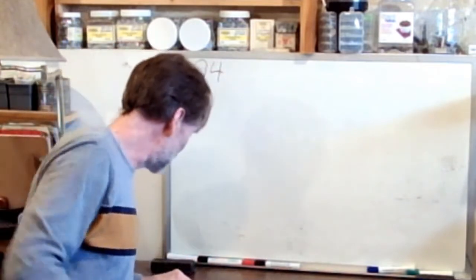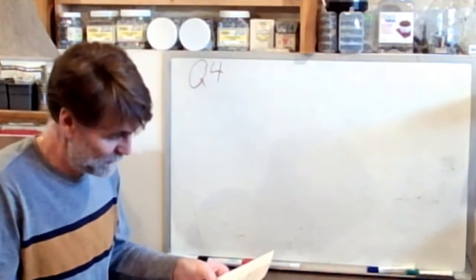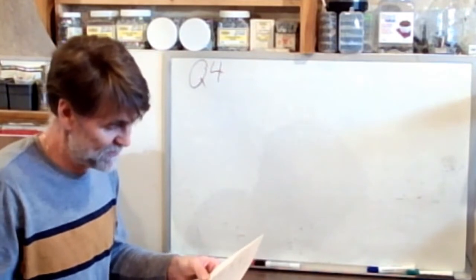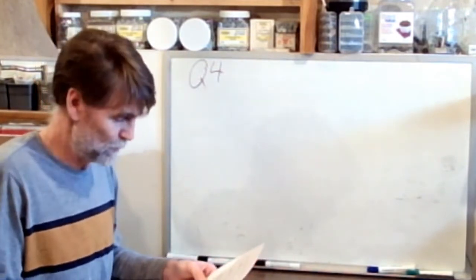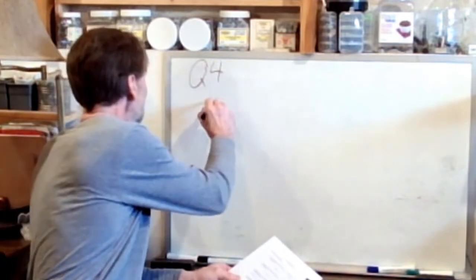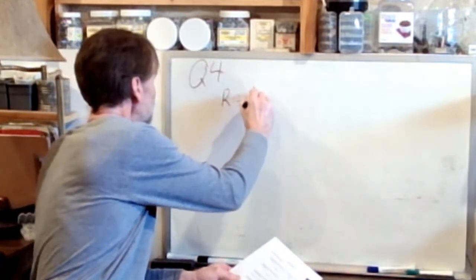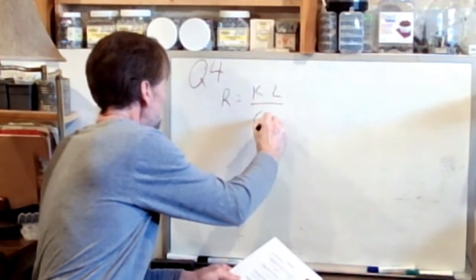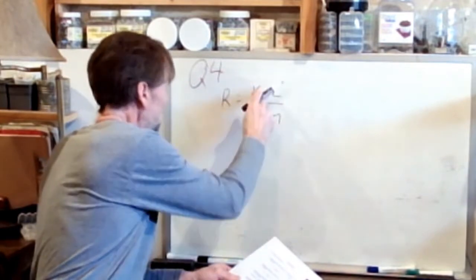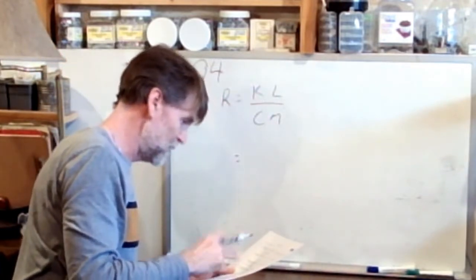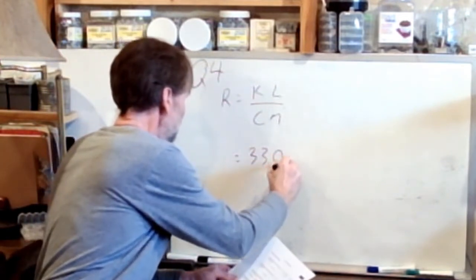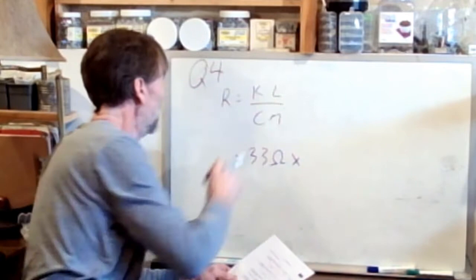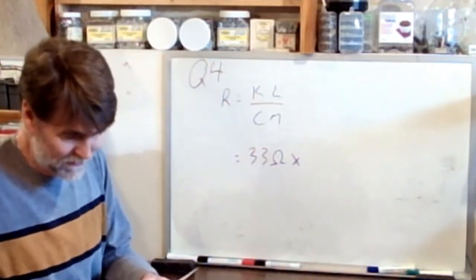The question actually tells us that a tungsten filament has a specific resistance of 33 ohms per mil foot. So there's the number that we're going to use. If R is equal to KL over CM, then K is going to be 33 ohms multiplied by, now what is the length of this tungsten filament?